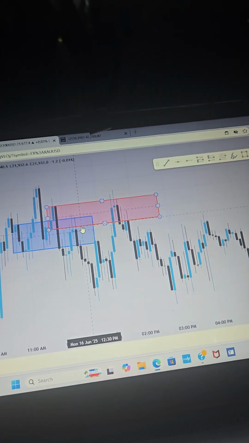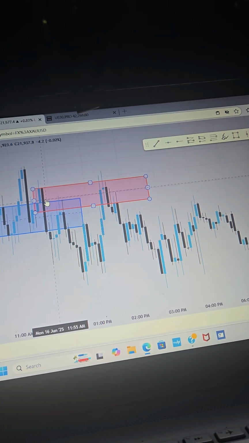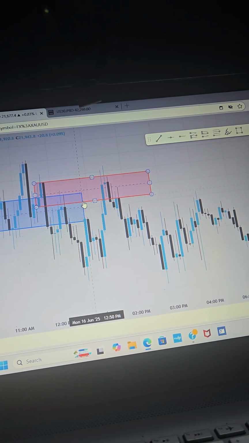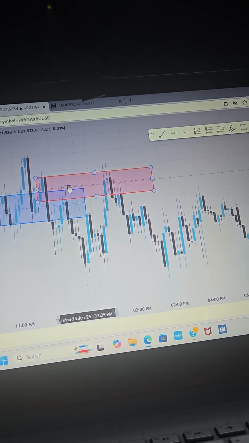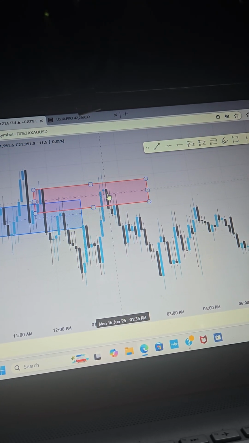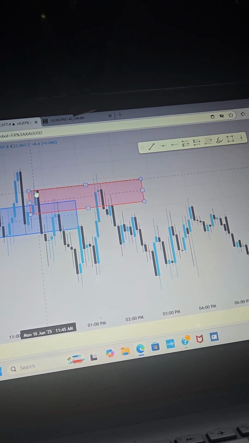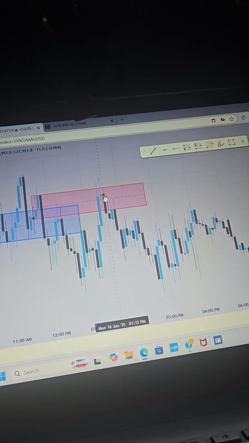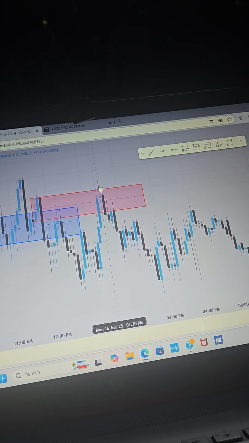That's how you know that price is going to continue down. So with that, you see price respect consequent encroachment. It tries to push up. The candle bodies are not going up to the rejection block. It's rejecting the rejection block. The wicks, they're fine.